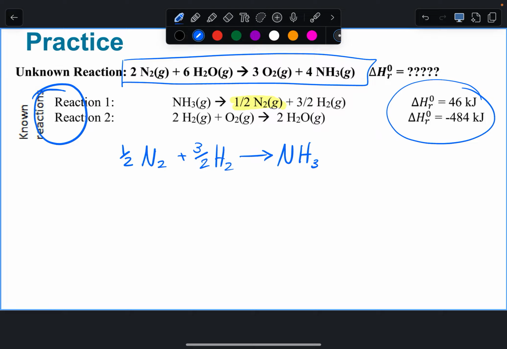Now you will see fraction reactions here. This is like one of the few times where we do that. It has to do with how the values are reported when they're tabulated. So don't let that bother you. As long as you're changing the enthalpies along with it, it's just fine. Okay, so the new enthalpy value here is the same value, just a different sign. So negative 46 kilojoules now.